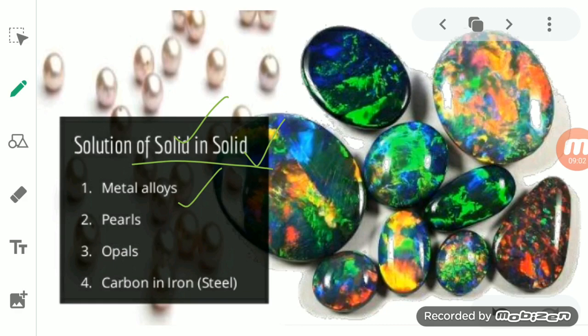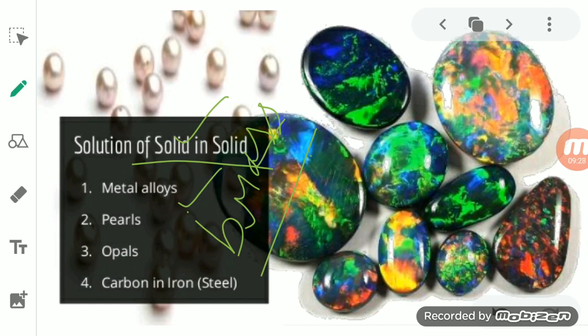We have studied about metals and non-metals in this same chapter. When two or more metals, or metal and non-metal, or two or more non-metals combine together, they form alloys, like brass. Brass is an alloy of zinc in copper.